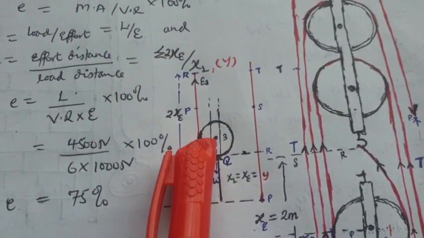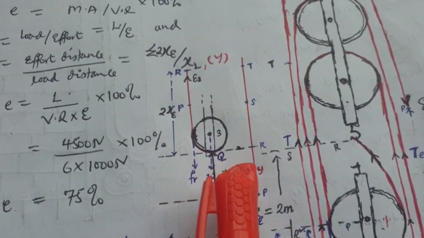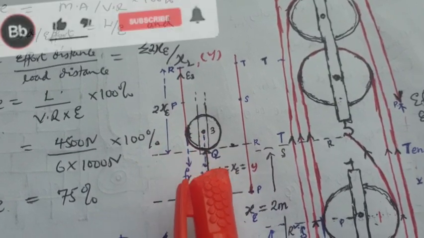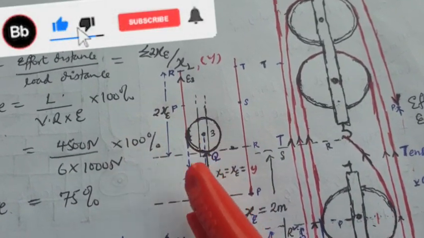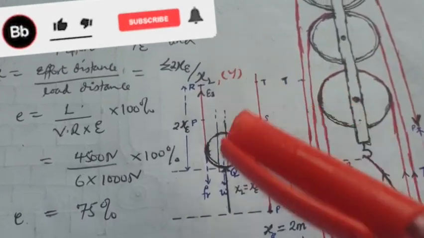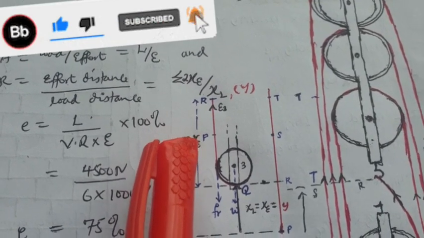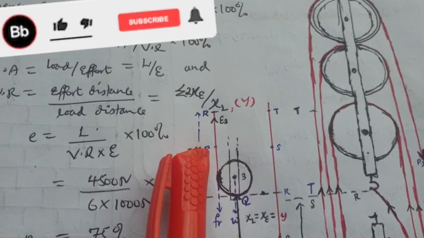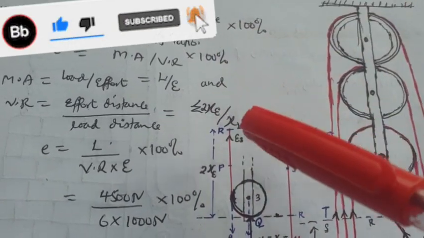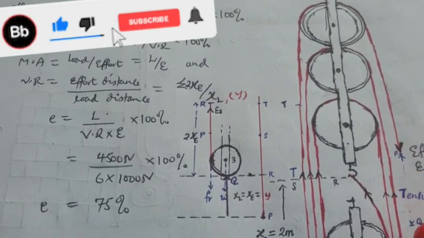While the load, this pulley number 3, moves a vertical distance Y, which is the load distance, equal in magnitude to the distance the string takes to move. Now, when we have 3 pulleys, we must multiply this distance by 3 for the total distance moved by the string for a single movement of effort.